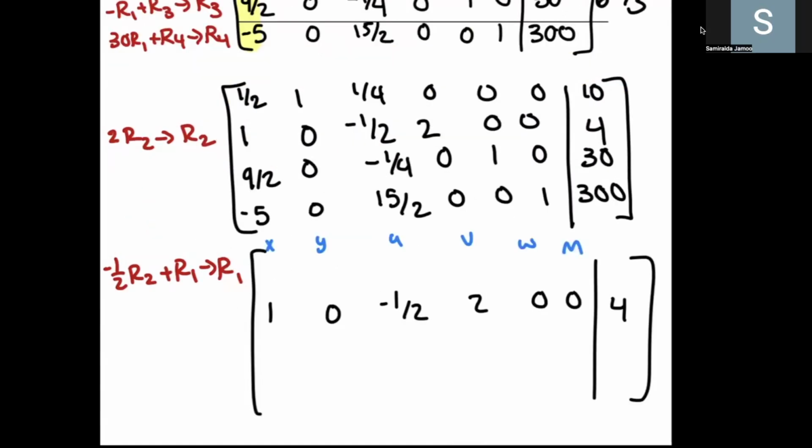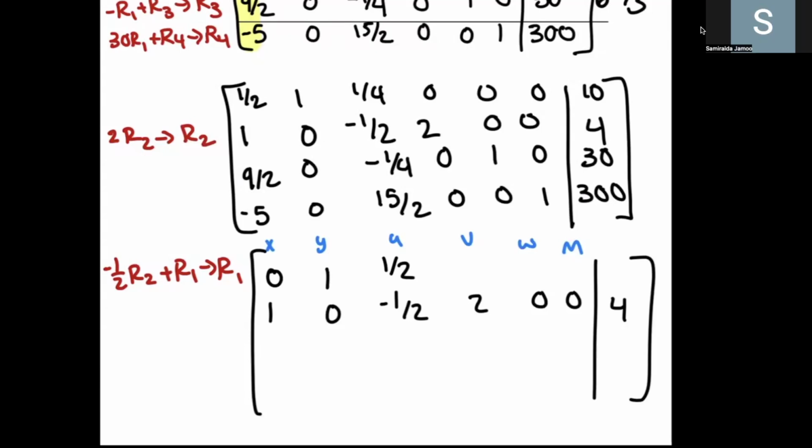We are multiplying row 2 by negative 1/2 and adding it to row 1. So negative 1/2 times 1 is negative 1/2, plus 1/2 gives me 0. Negative 1/2 times 0 is 0, plus 1. Negative 1/2 times negative 1/2 is positive 1 over 4, plus another 1 over 4, that is 2 over 4, which reduces down to 1/2.